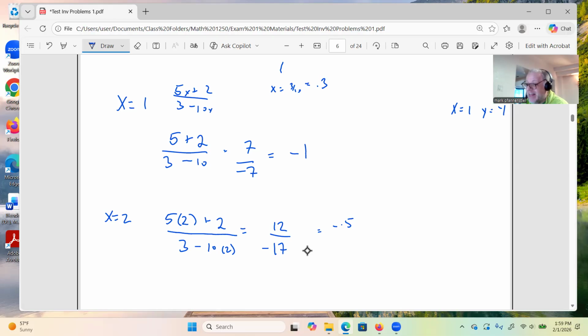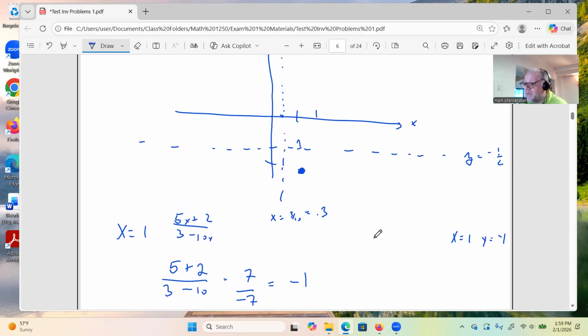So I would need a number like that. This is going to be smaller than 1. This is closer to 1 than it is anything else, but it's bigger than 1. So we're going to be getting up here a little bit. Again, please get a calculator and double check those numbers, but that's going to be my 2 points.